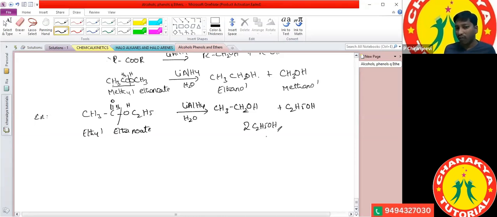By the reduction of esters, and by the reduction of carboxylic acid, in both cases, which alcohol do you get? Primary alcohol, secondary alcohol, or tertiary alcohol?